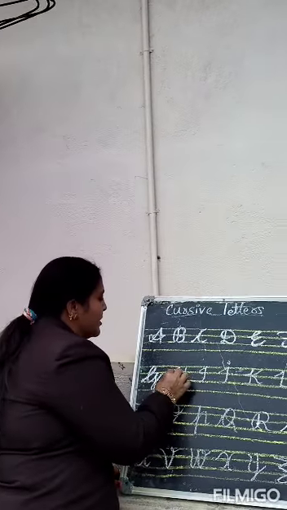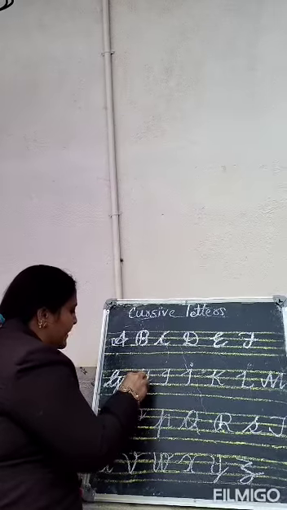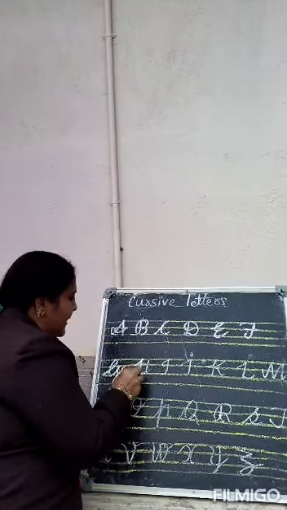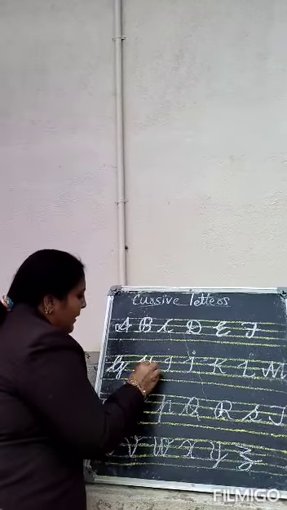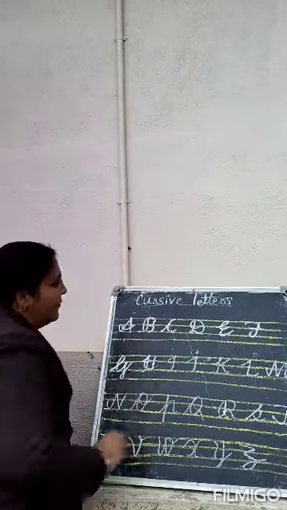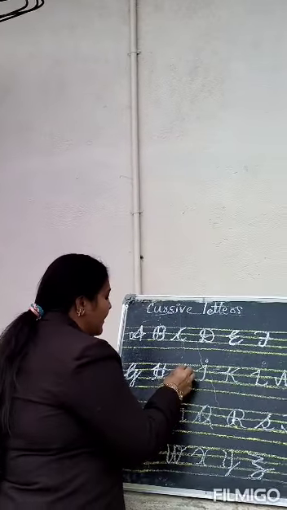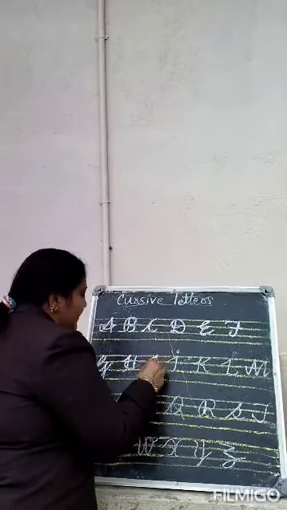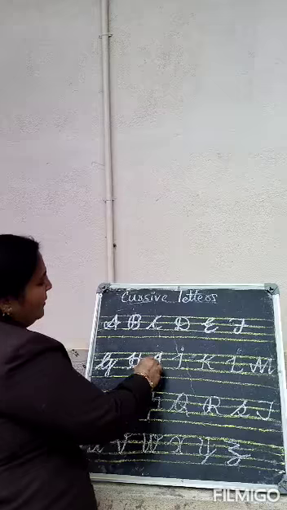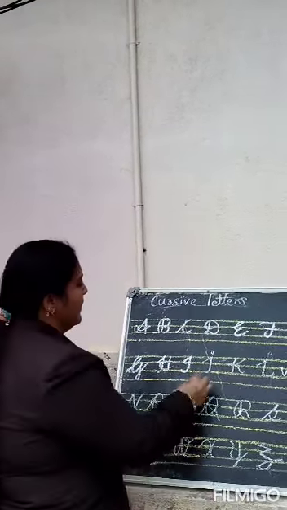Then for H, we have to start like this from the second line to the first line, and again here we have to take, then again from the second line, and then H, capital H. Then here from the second line, then we have to do it on the third line.